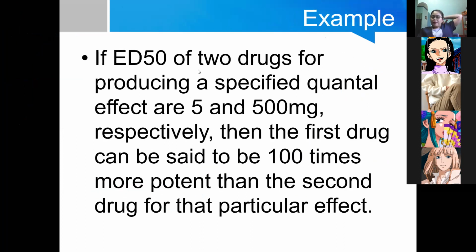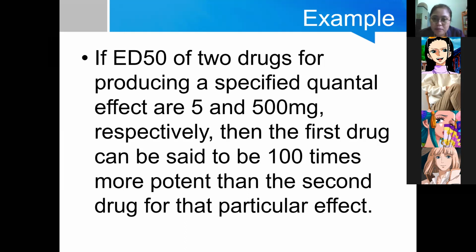Okay, another example. So the ED50, this is the ED50 effective dose. Effective dose sa 50% of the population, that is ED50. If the ED50 of two drugs for producing a specified quantal effect are 5 and 500 milligrams respectively, then our conclusion is the first drug can be said to be 100 times more potent than the second drug for that particular effect.